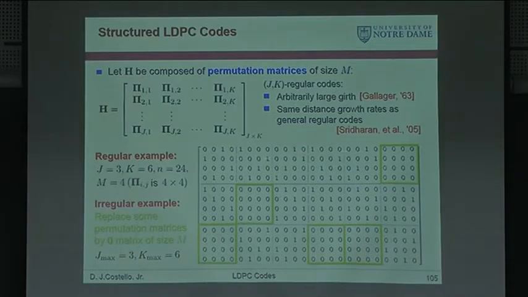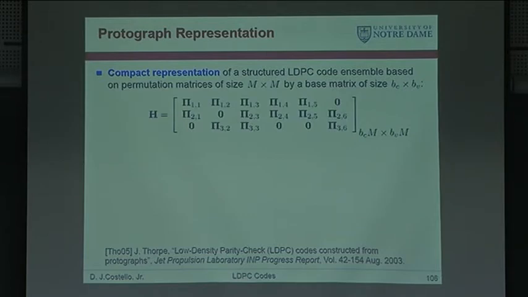And then our column weight distribution could be: we're going to have a set of four variable nodes of degree 3, and then the other 20 are going to have degree 2, because we removed one matrix from each to give us degree 2. So there's a compact representation of structured codes like this using the concept of a protograph.